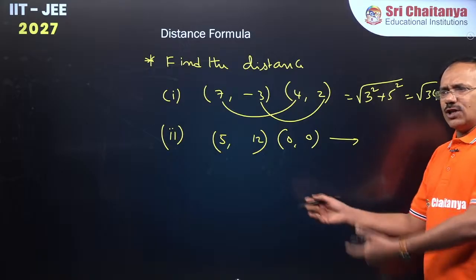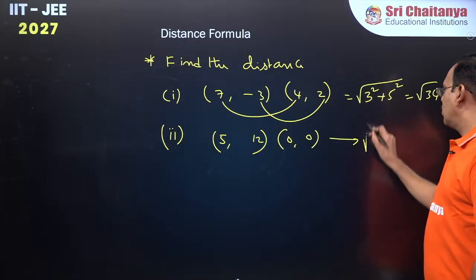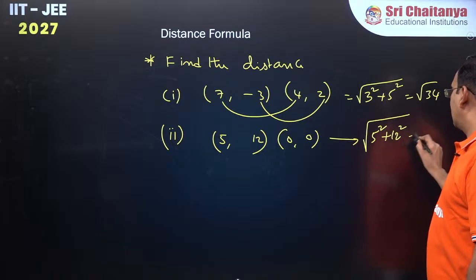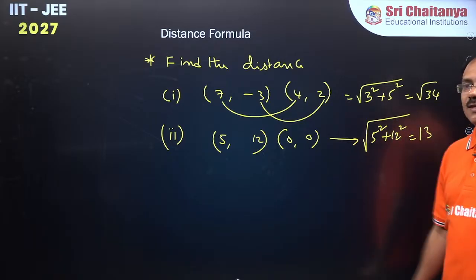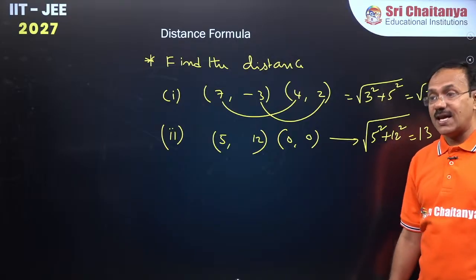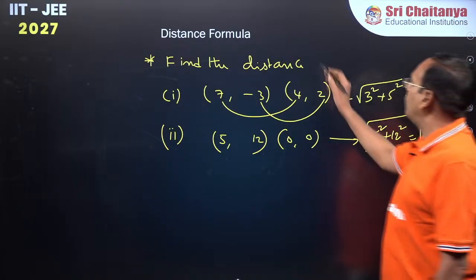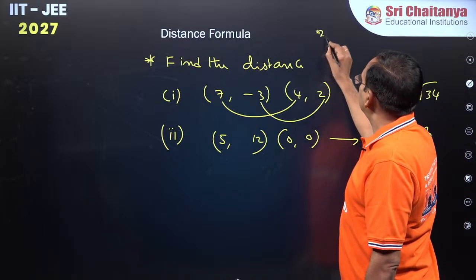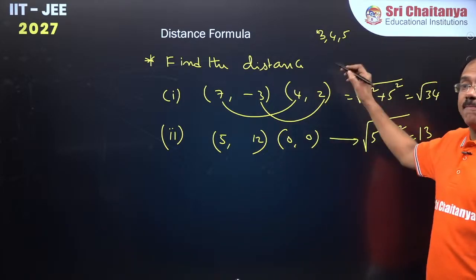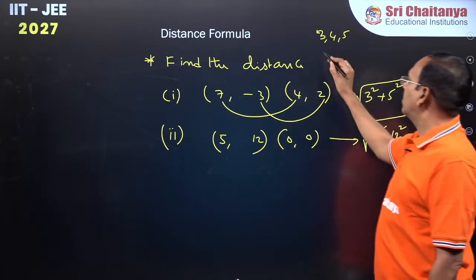Here, of course, one vertex is (0, 0). You can take it like 5 square plus 12 square. 5, 12, 13. Sometimes, dear students, Pythagorean triplets will save our time. I think all of you know the Pythagorean triplet 3, 4, 5, because 3 square plus 4 square gives 5 square.